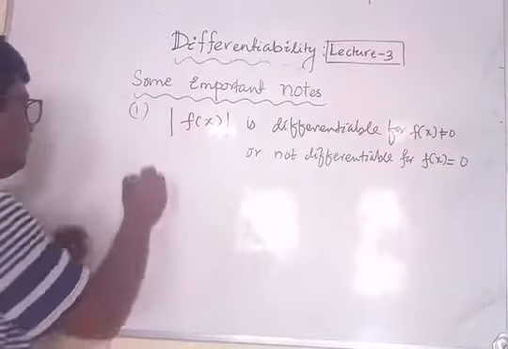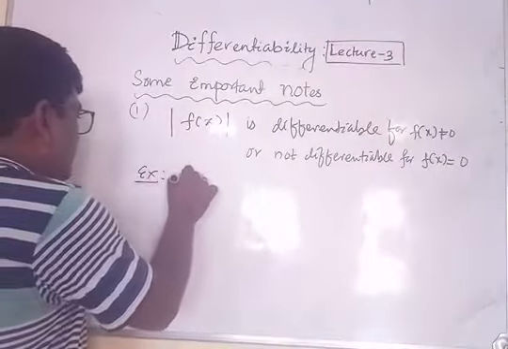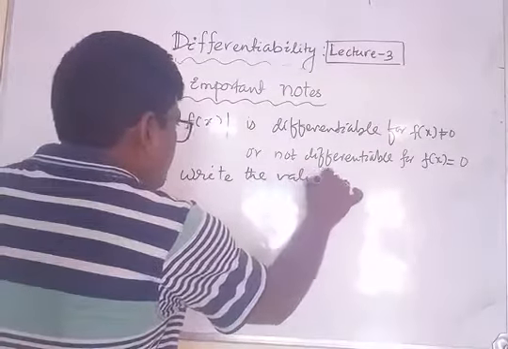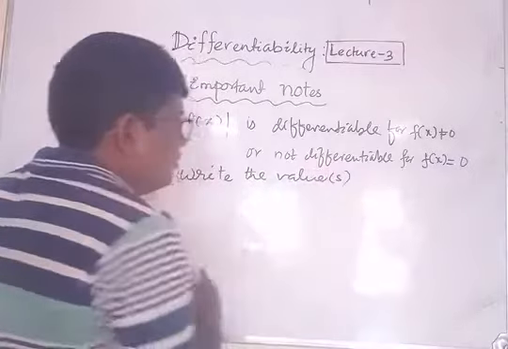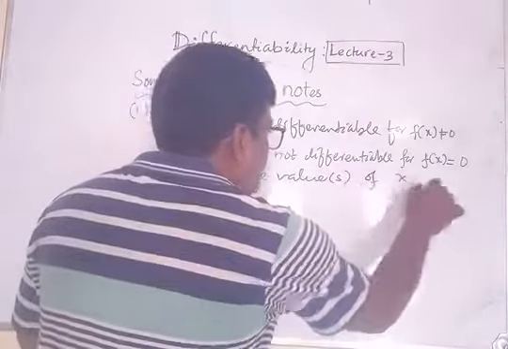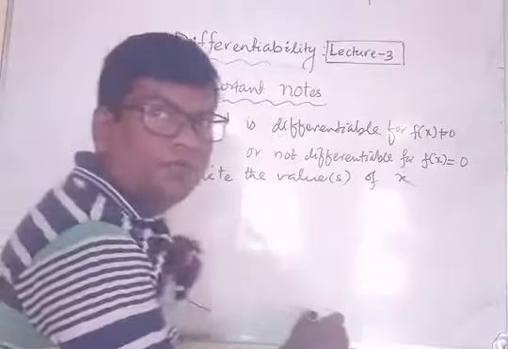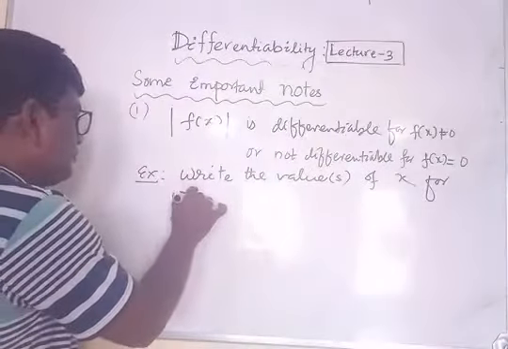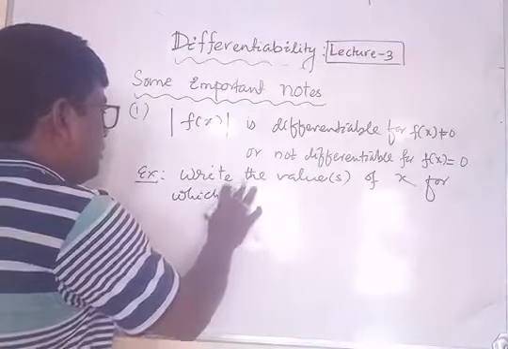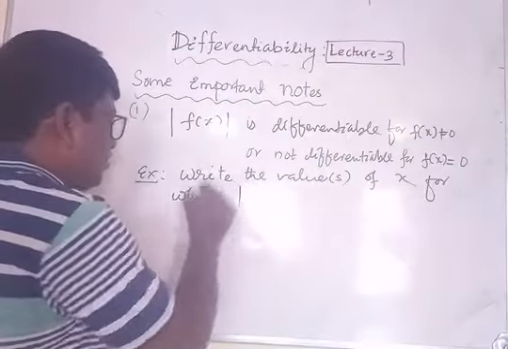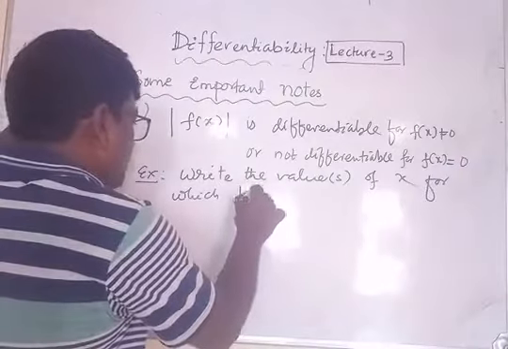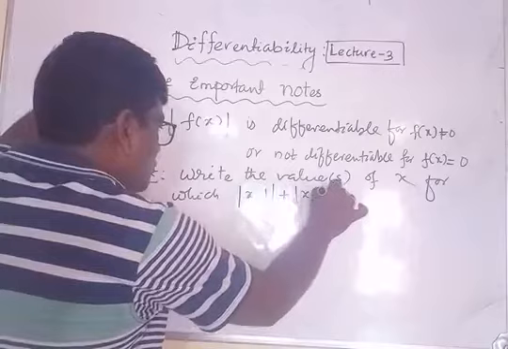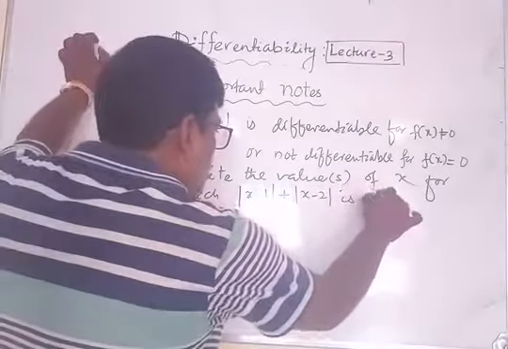Example. Write the values of x for which mod of x minus 1 plus mod of x minus 2 is not differentiable.